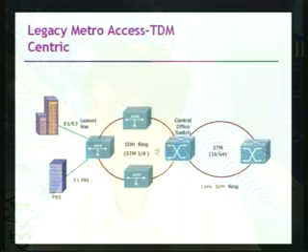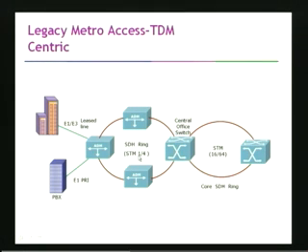If you look at the legacy view, it looks something like this: there may be a primary SDH ring, or a SONET ring, made out of STM1 or STM4. This ring is more like an access ring, and in India, for example, this may be based on STM1 or STM4, which is 155 megabits per second for STM1 and 622 megabits per second for STM4.